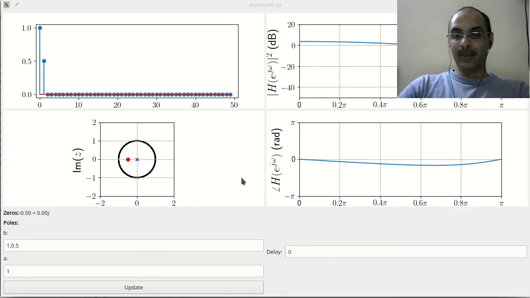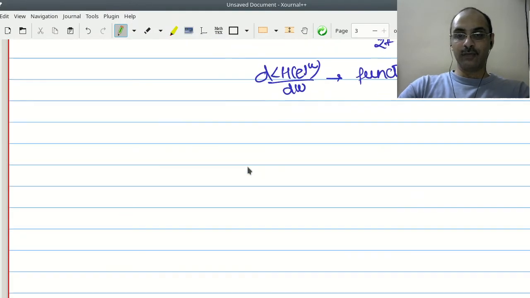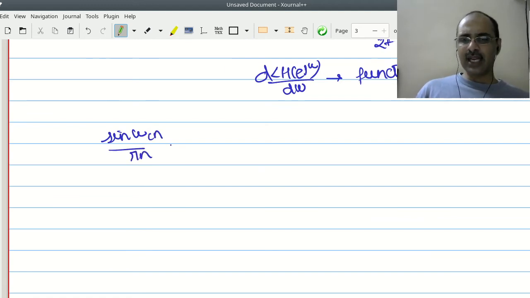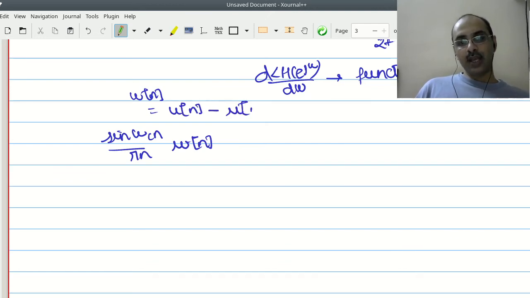Now the most common example, which many of you have been seeing: take sin(omega_c n) upon pi n and multiply it by w[n], where w[n] is u[n] minus u[n minus m minus 1].